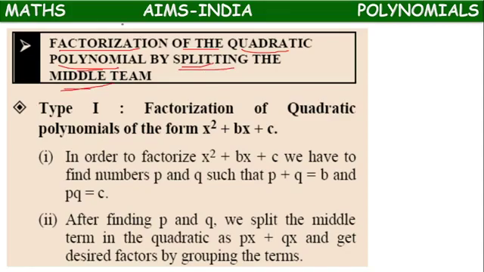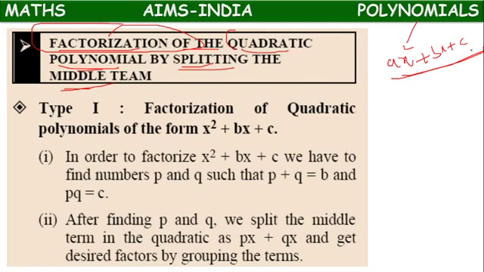Here we are going to find the factors of a quadratic polynomial, which will be in the form of ax square plus bx plus c, a polynomial whose highest power is 2, that is called a quadratic polynomial.